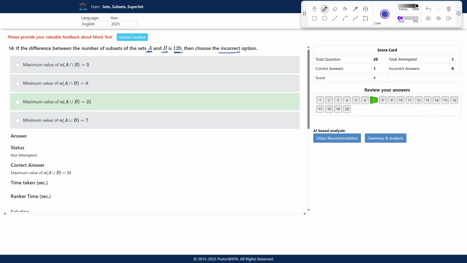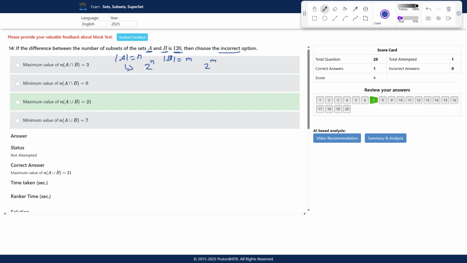Very simple. Suppose the number of elements in set A is n and in set B is m. So the total number of subsets for set A is going to be 2 raised to power n and for set B 2 raised to power m. Clear?